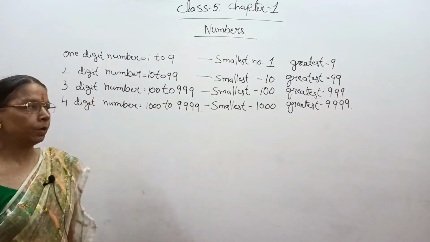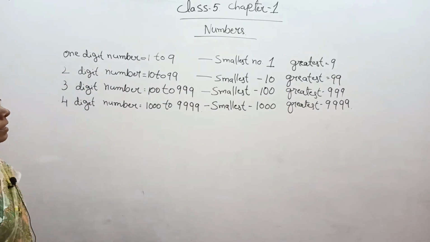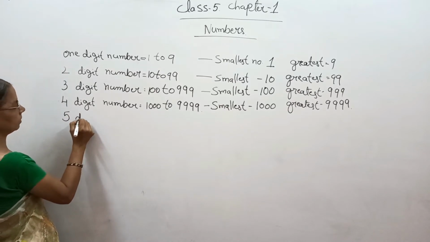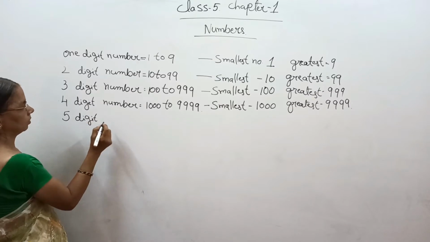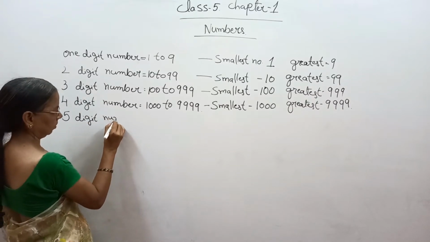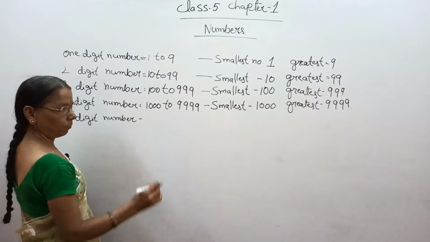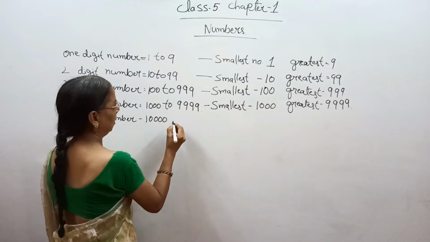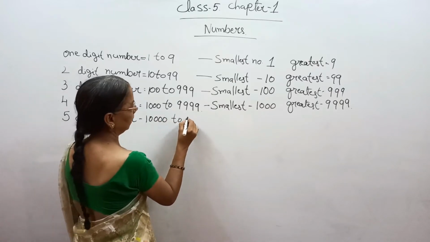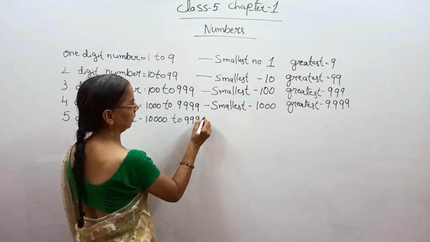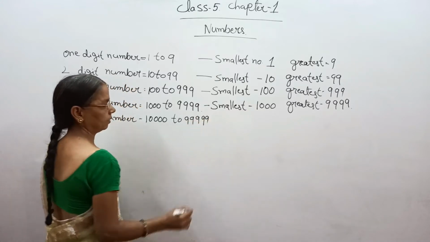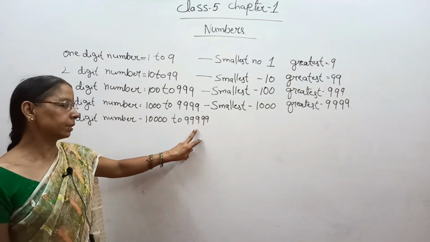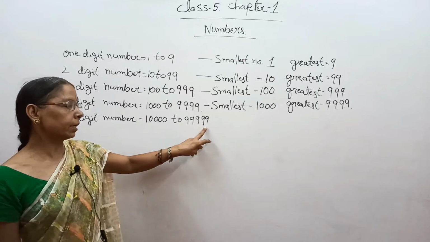Now in this class we have to learn about the 5 digit numbers, which start from 10,000 and end with 99,999. Thus, the smallest is 10,000 and the biggest is 99,999.